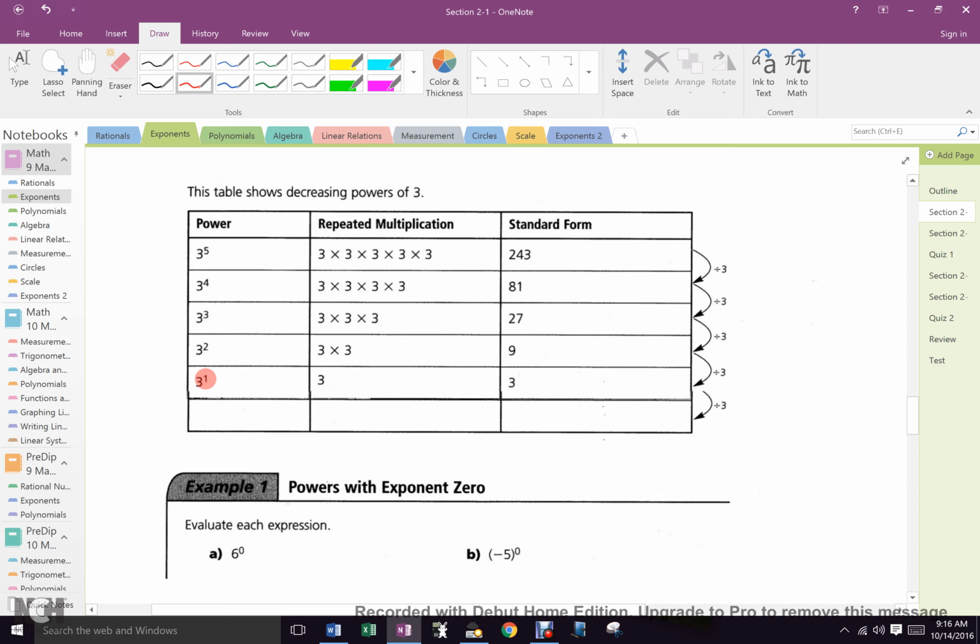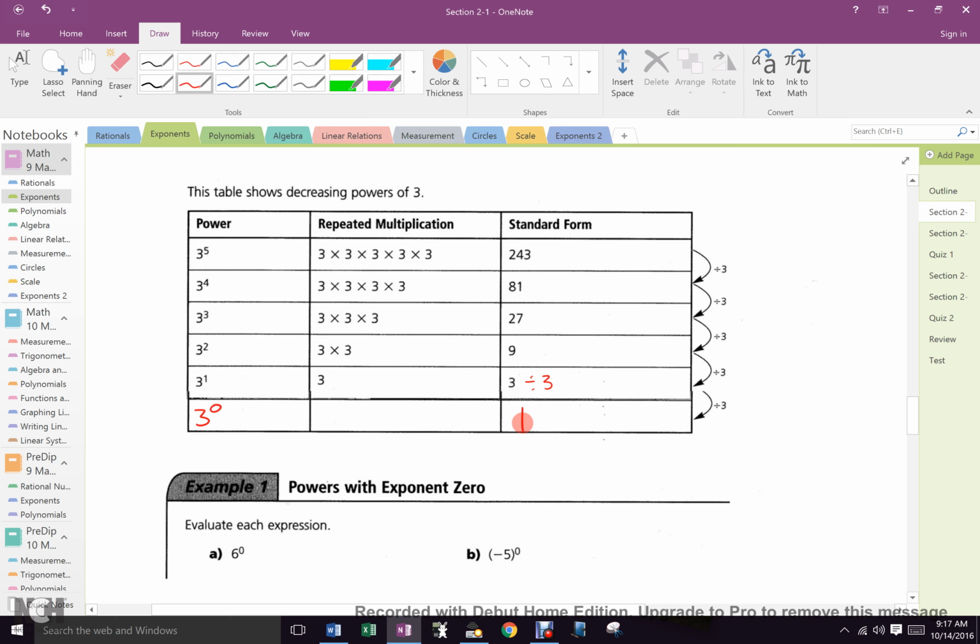What is the next exponent below 1? 0. So that's 3 to the 0, yes? And that is nothing. Whoa, hold up. You want to say it's nothing, don't you? But no. Follow the pattern. Divide by 3, divide by 3, divide by 3, divide by 3. What is 3 divided by 3? 1.